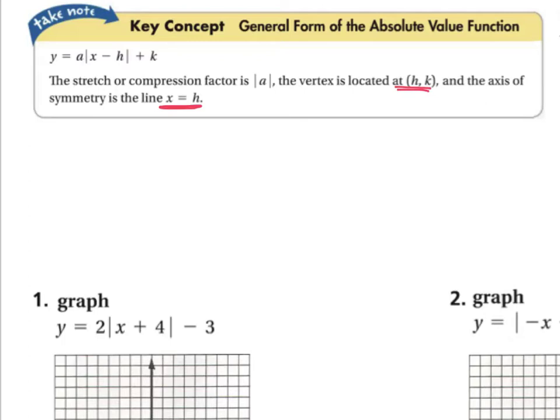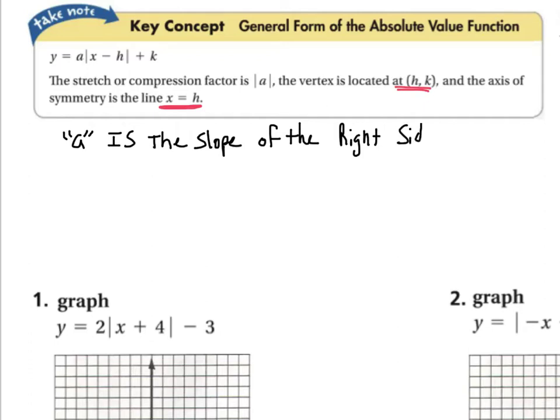But what they don't tell you here that you need to know is that A not only tells you if we open up or down or if it's fat or skinny, A is the slope of the right side of our V-shaped graph.